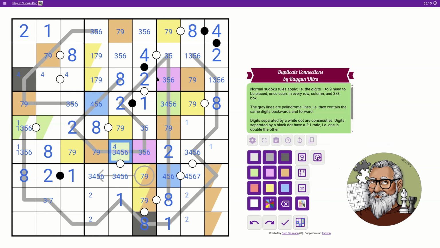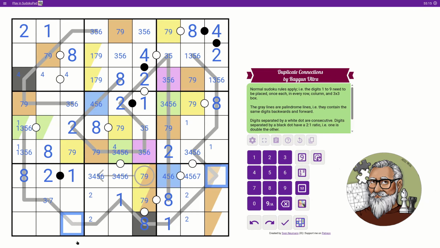I'm not sure. Where is 4? Green or still both of them. Still both of them. Right. I do need a 7, 9 here. Can this one be from 7, 9? That's this one.